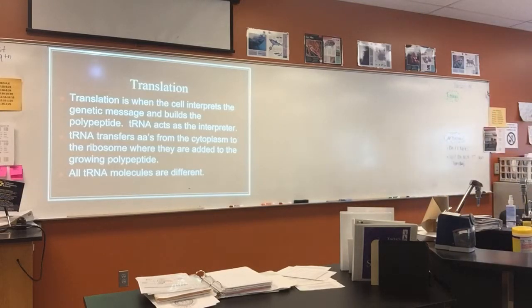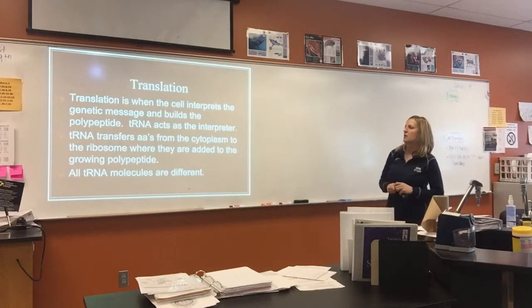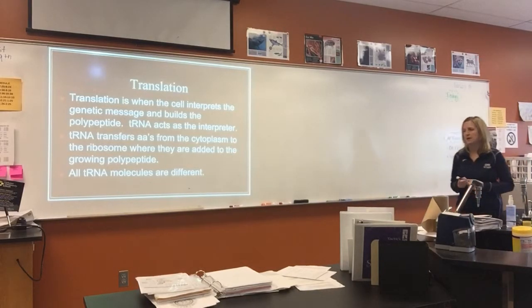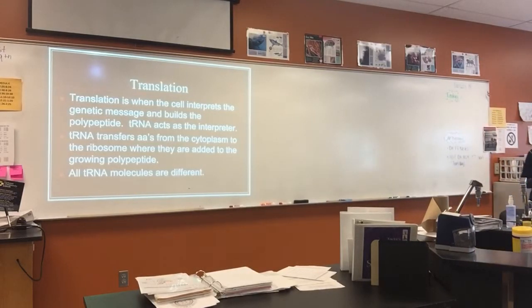Translation is when the cell interprets the genetic message and builds the polypeptide. tRNA acts as the interpreter. It transfers amino acids from the cytoplasm to the ribosome, where they are added to the growing polypeptide. And all tRNA molecules are different.